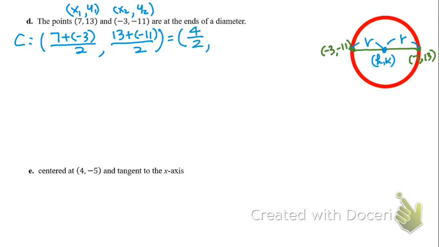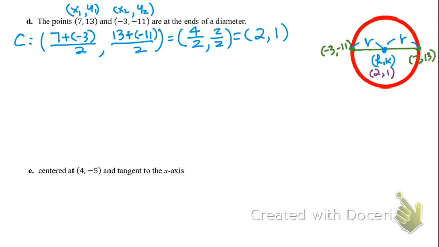The only reason I'm subtracting here is because the number given is negative. And 13 plus -11, so 13 minus 11 is going to be 2. So that's (2, 1). There you go. We have the first thing we want. That's the center, right?